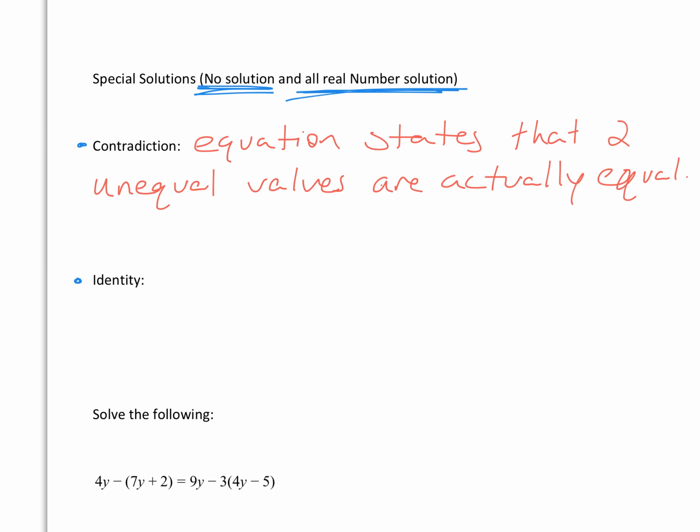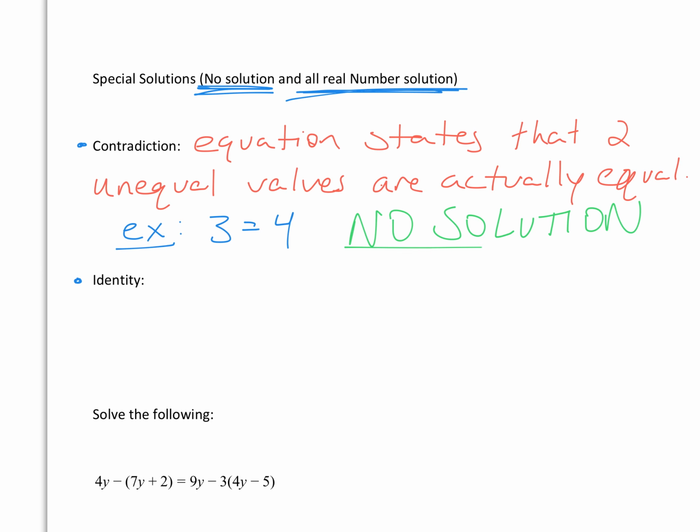For example, a contradiction would be 3 equals 4. So you're solving an equation and all of a sudden you end up with 3 on the left side and 4 on the right side. You know, that's a contradiction. What does that tell us? This is the important part. This means no solution. If you run into a contradiction, it means there is no solution to that equation.